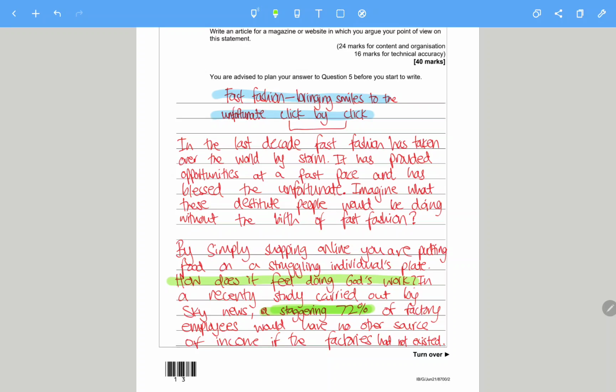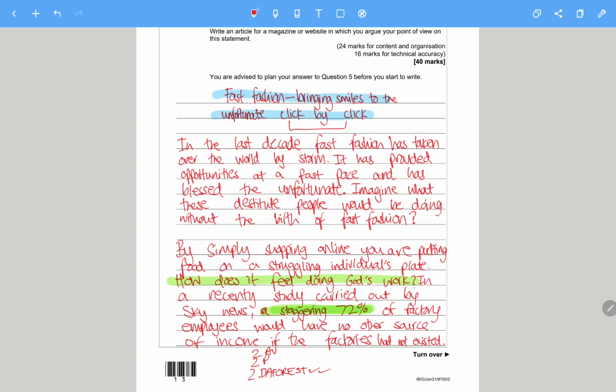If you just make a checklist, 2, 2, 2. The first two is AV, then P, then De Forest. So how does it feel doing God's work? That would be one of your De Forest techniques. The second one is a staggering 72%. Again, that would be another of your De Forest techniques.